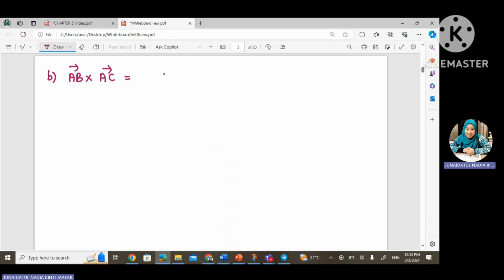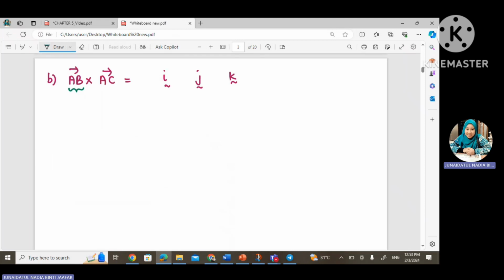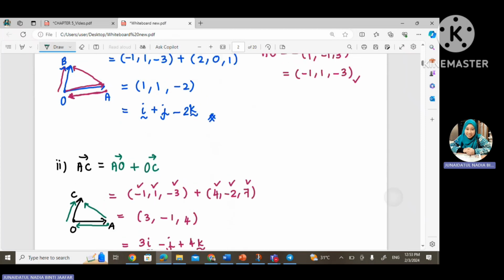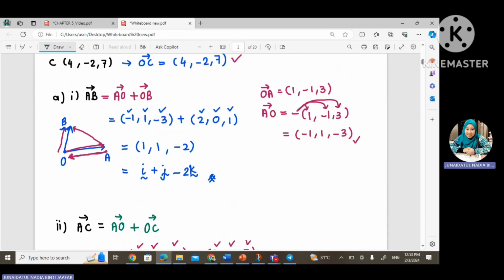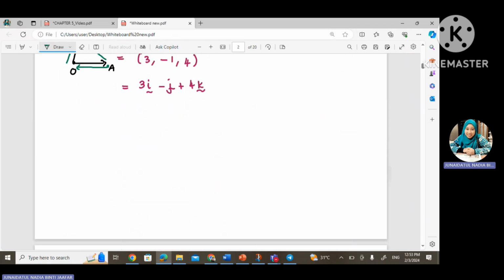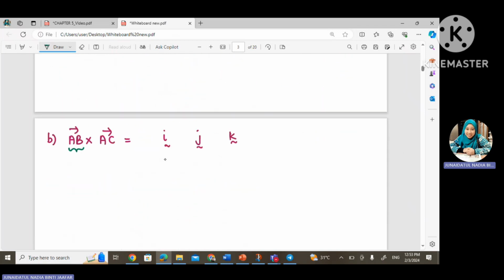We write it in the form of a matrix with i, j, k. First we substitute the value of vector AB, which is i plus j minus 2k, so 1, 1, negative 2.